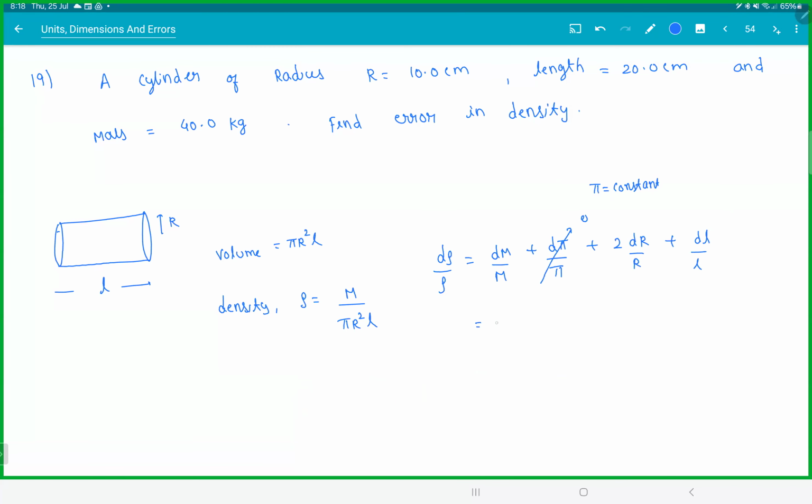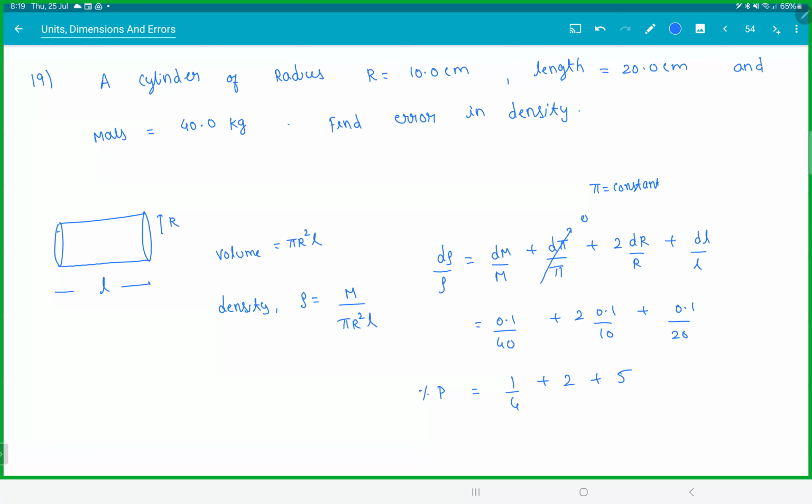Then what is dm here? 0.1 by 40, 2 times 0.1 by 10 plus 0.1 by 20. You want error, just multiply into 100. To multiply into 100, you get 1 by 4 plus 2 plus 5.